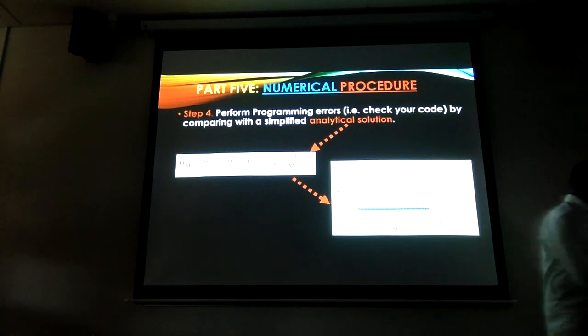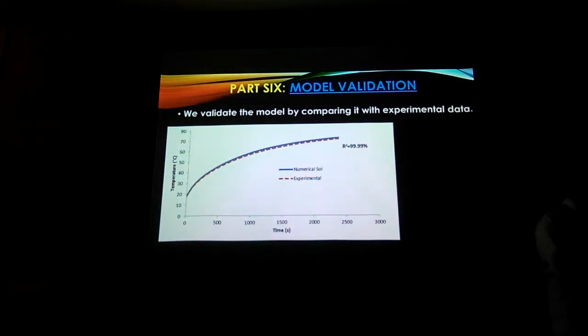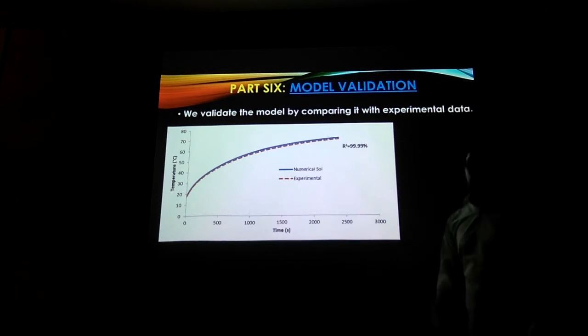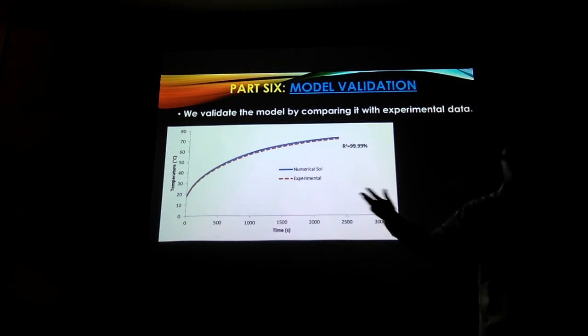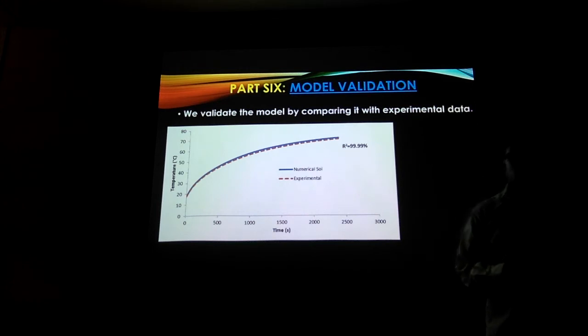Okay? It's good. And the last step, part 6, is to validate your model. So you come up with this good model, or what was thought to be a good model, and then you go to the lab, you conduct experiments, and then you compare your mathematical prediction with your experimental findings.